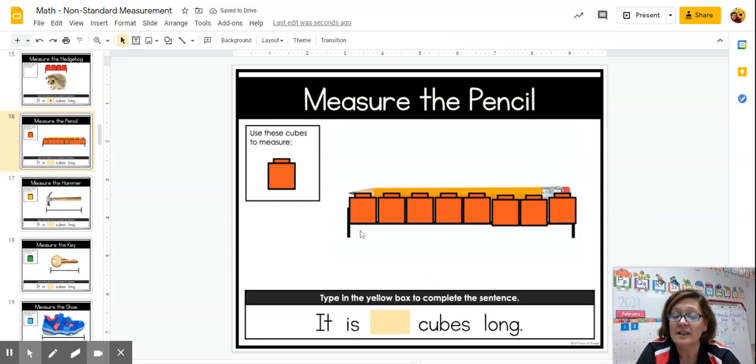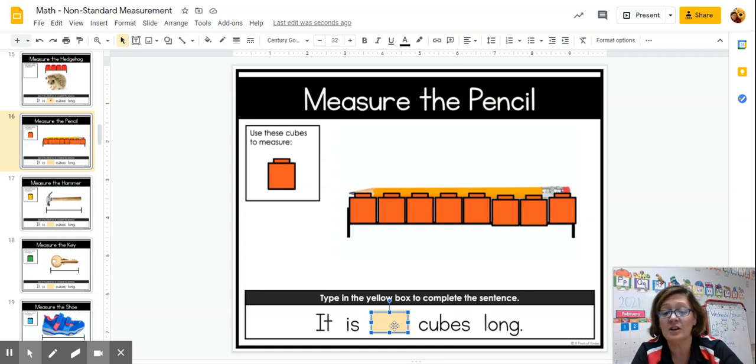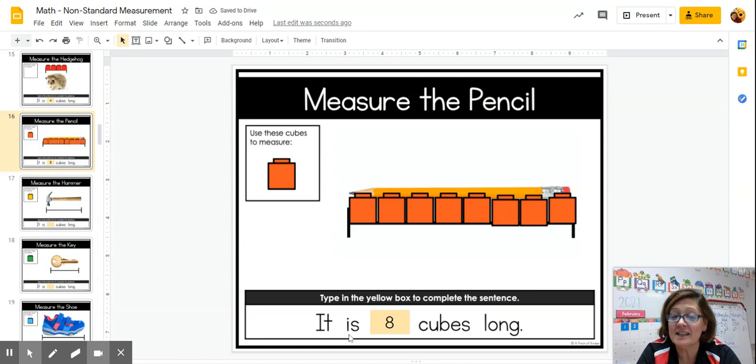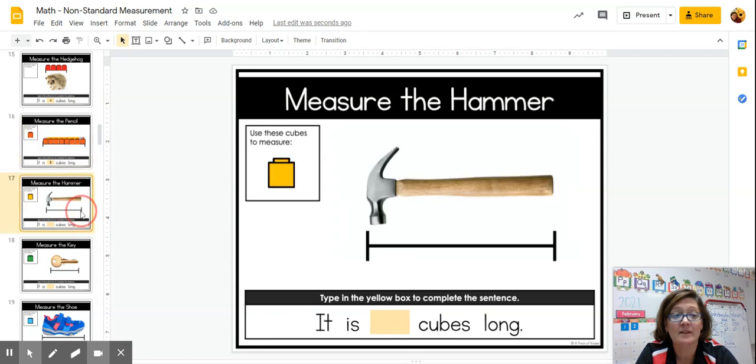So let's see if it's really 8. Let's count them. 1, 2, 3, 4, 5, 6, 7, 8. So the pencil is how many cubes long? 8. It is 8 cubes long. Very cool. Okay, let's go to the next thing.